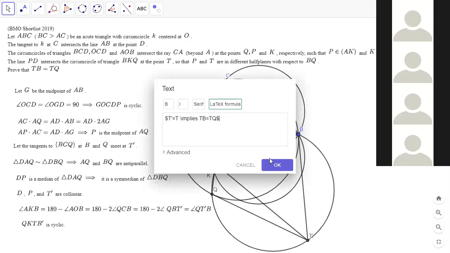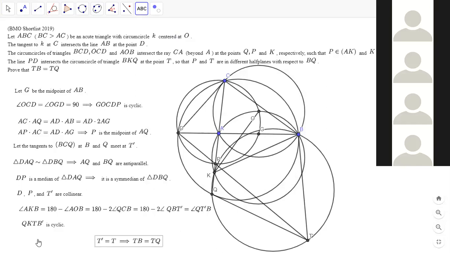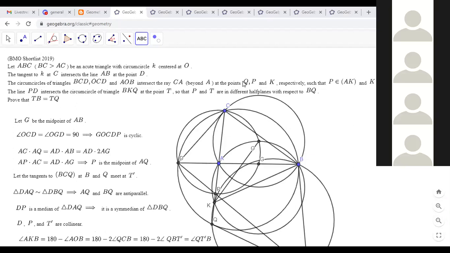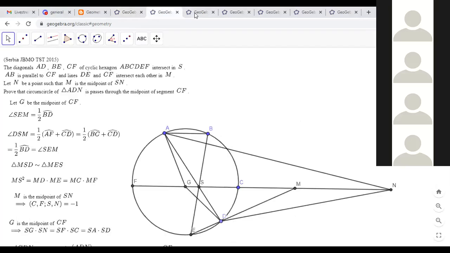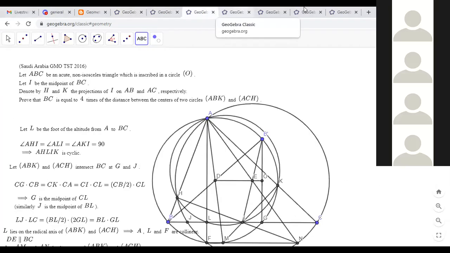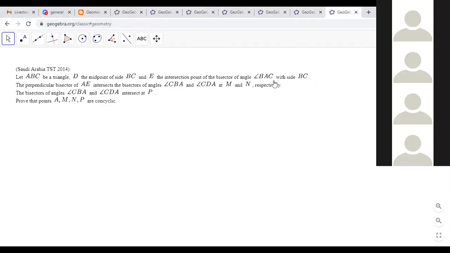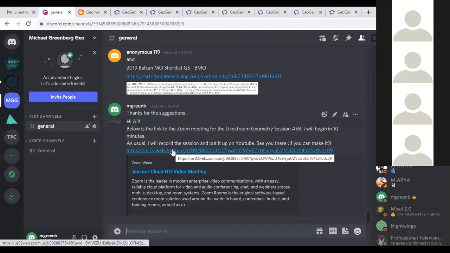All right, so this is a nice solution, by the way. I'm actually surprised we got it that fast. So let me check the chat. We can either first try to do this one, which we haven't done yet, or this one, or we could try the problem that GeoKing posted.